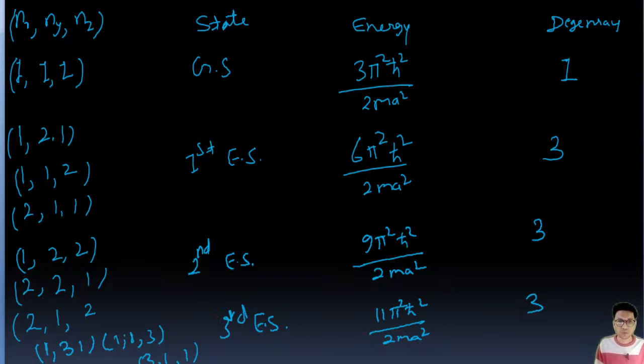So now I'll explain a particle in a 1D infinite symmetric potential. We have already studied the particle in a 1D asymmetric potential well in the last lecture.